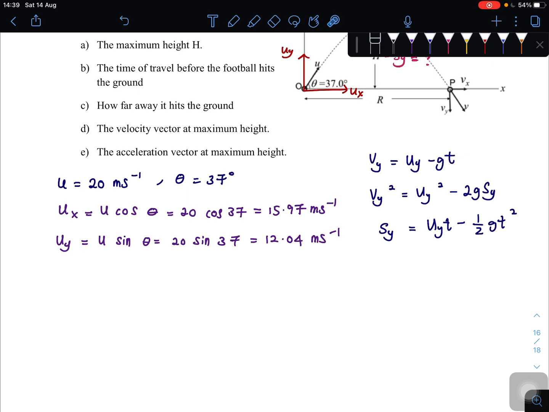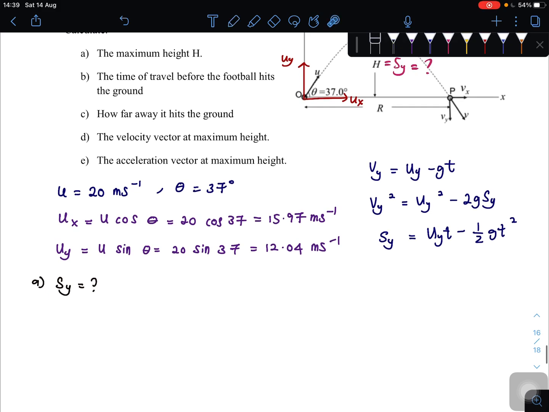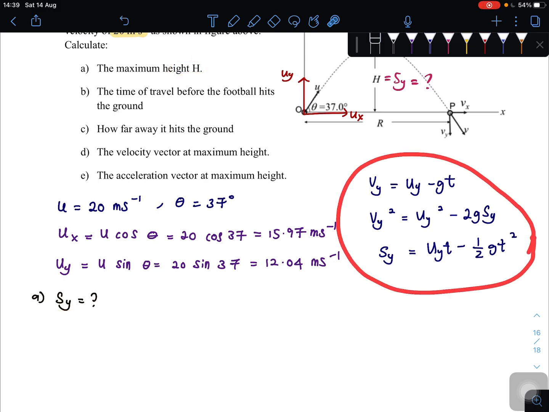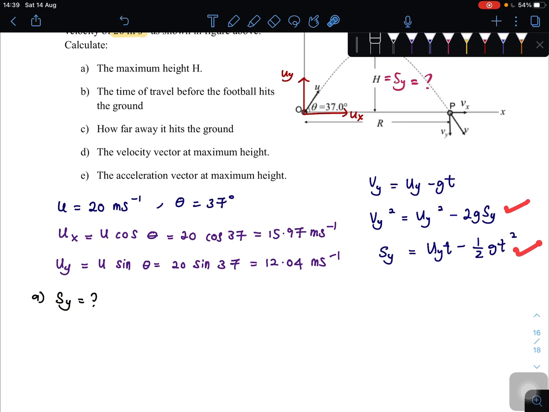Okay, so soalan A, we want to find SY. Benda yang sama SY dan the value, the height is the same thing. So if we look at the formula here, since we want to find SY, which formula do we have SY? It's either this formula or this formula.